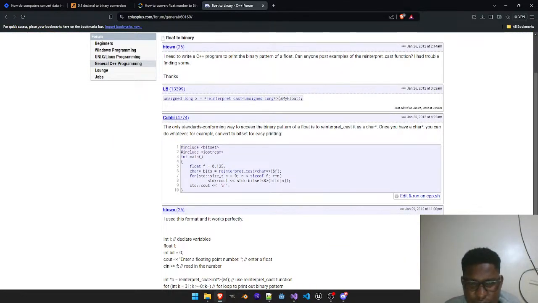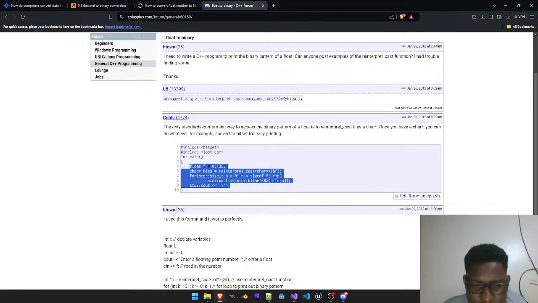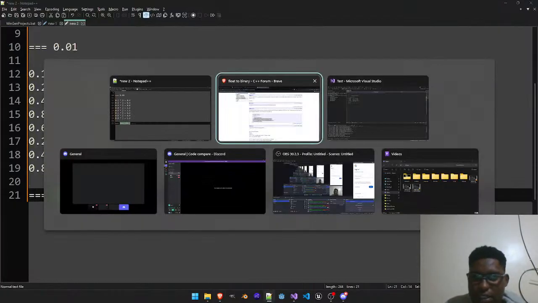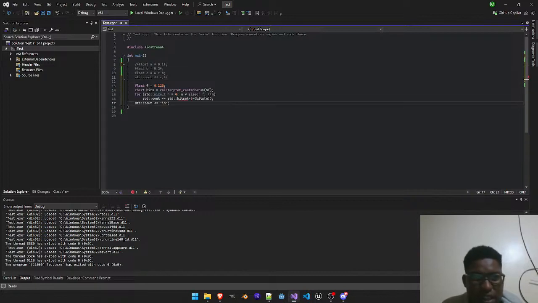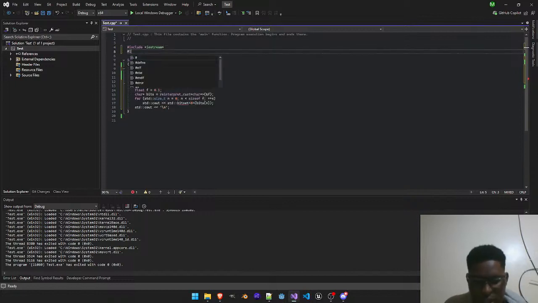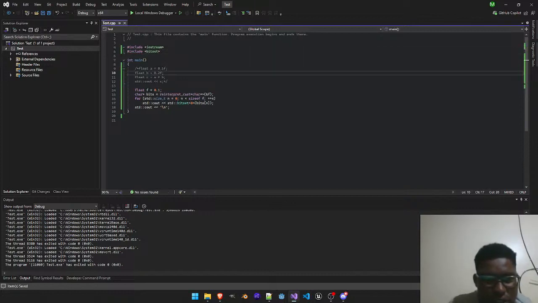So just googling here how to convert. Okay, so just copy this as is. Let me replace that. Since we're looking at 0.1, I'll do that, then include this bitset.